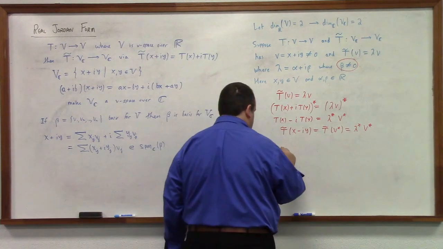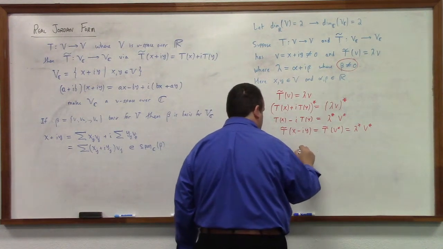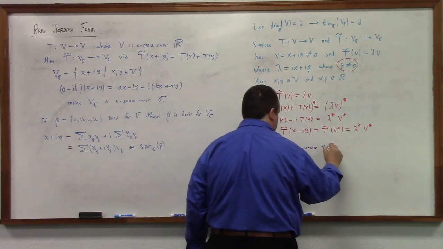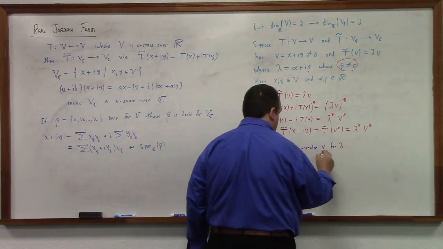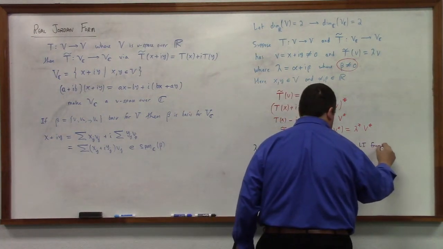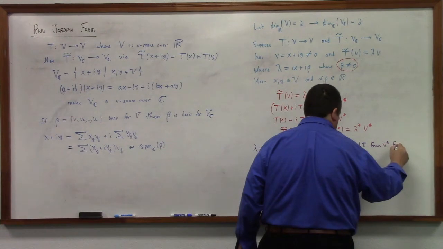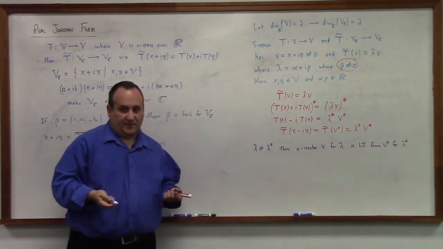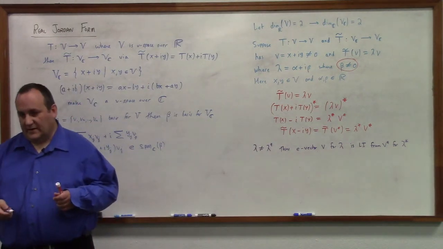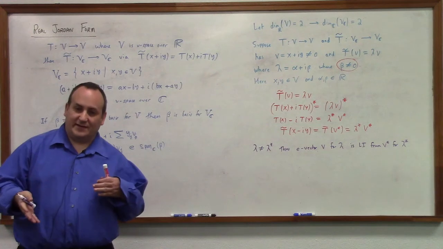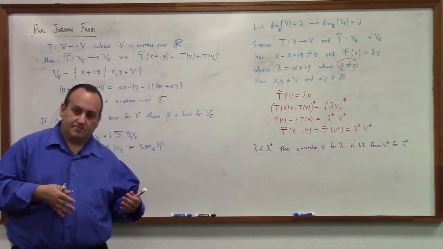Thus, the eigenvector v for lambda is linearly independent from v star for lambda star, because they're distinct eigenvalues. We proved that distinct eigenvalues give you linearly independent eigenvectors.